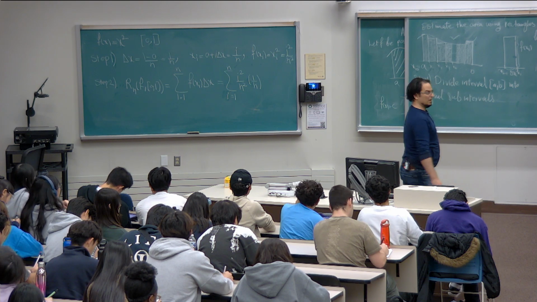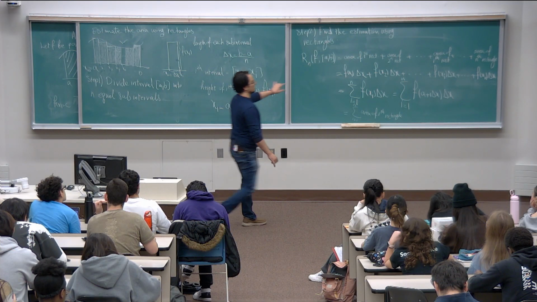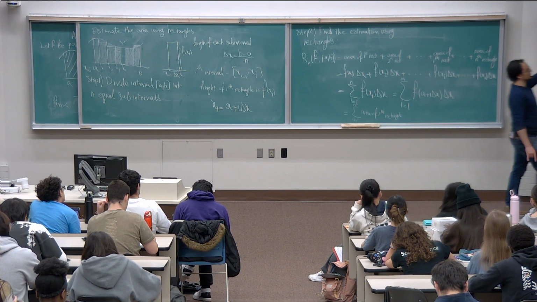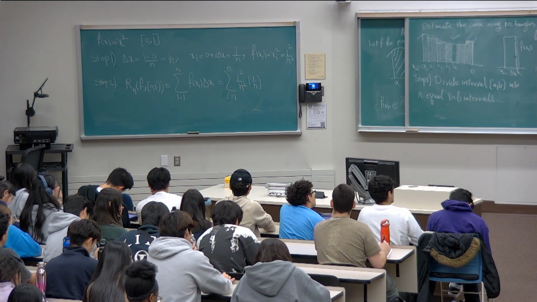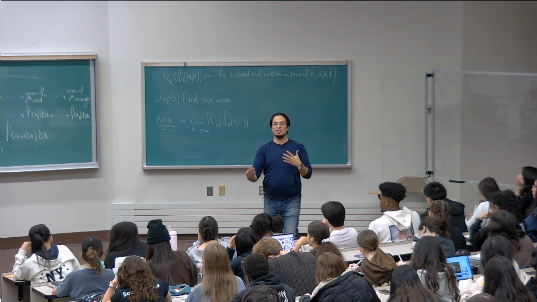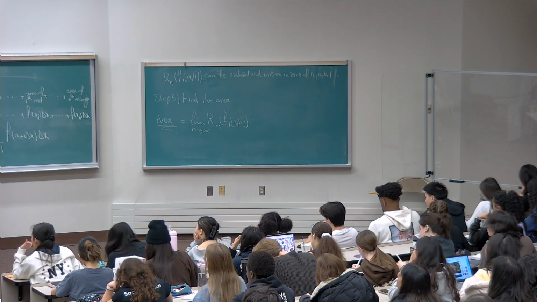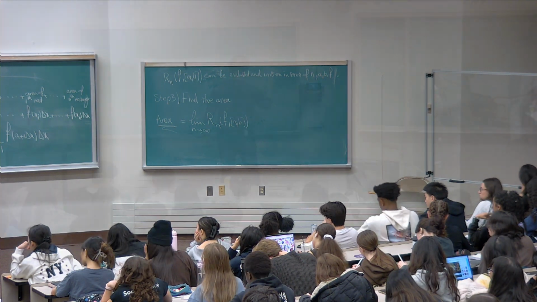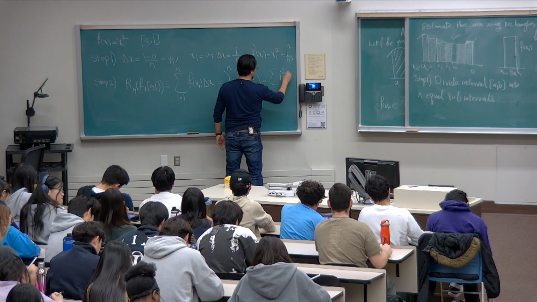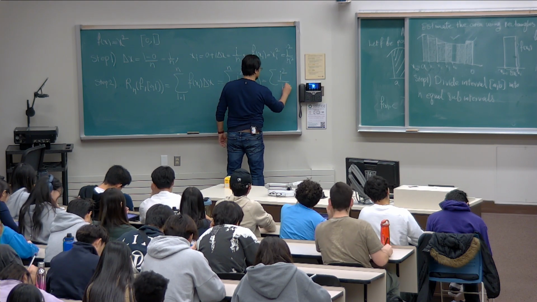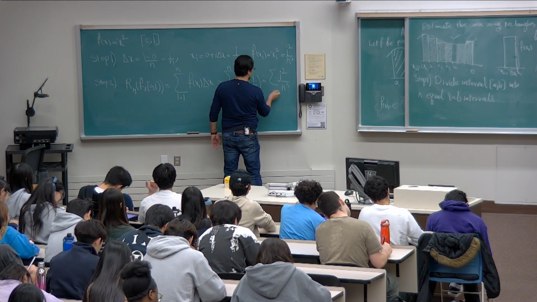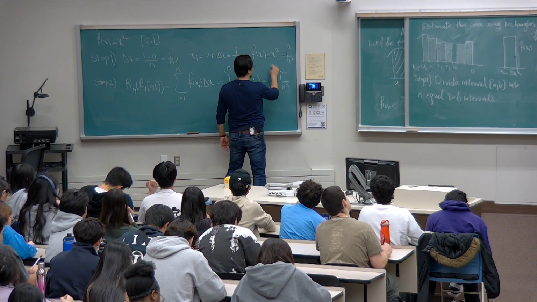But I'm not done. Remember that I said that Rn, I have to evaluate it. I have to simplify it and write it in terms of n. And, well, for that, let me do one more step here. You see I have i squared over n cubed, i goes from 1 to n. n is fixed.